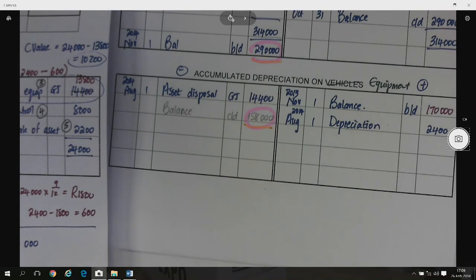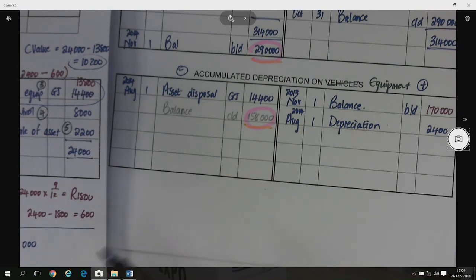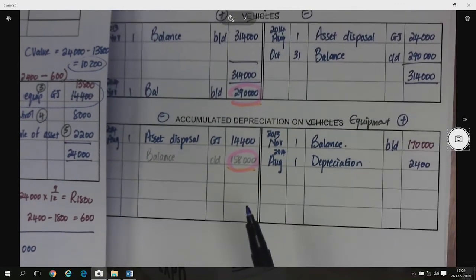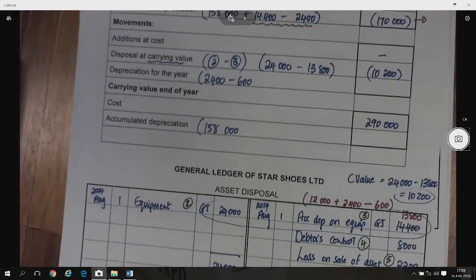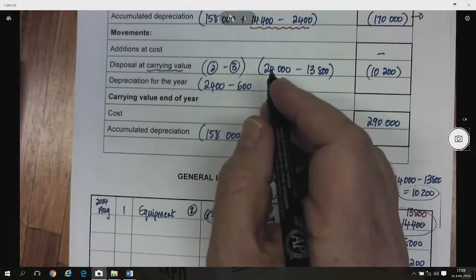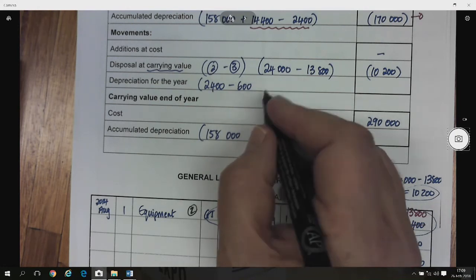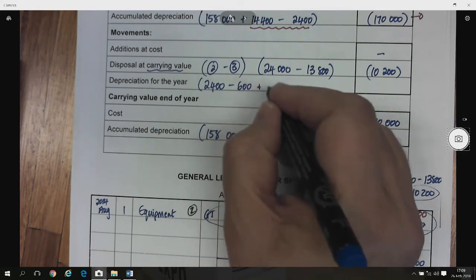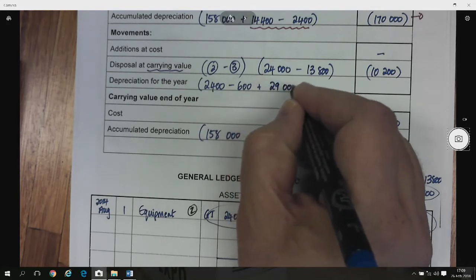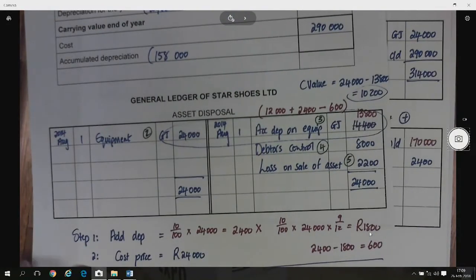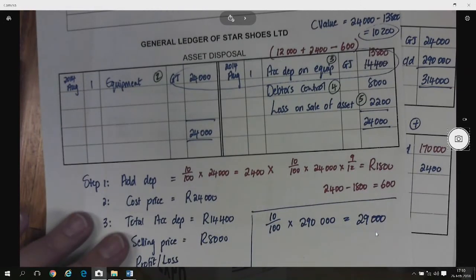We use both of them to calculate the correct opening balances so that we can do our note. Plus 29,000. Remember, 10% of 290,000 gives you 29,000 Rand for depreciation.